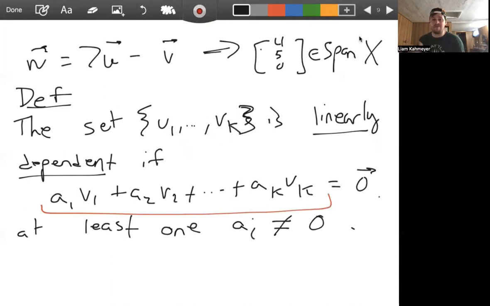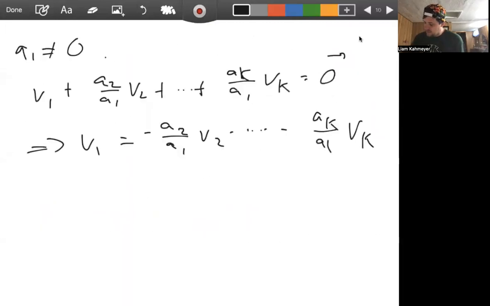If you have a collection of vectors and you can write a linear combination of these vectors that results in a 0 vector without every coefficient being 0, then you have a linearly dependent set. Let's look at an example.